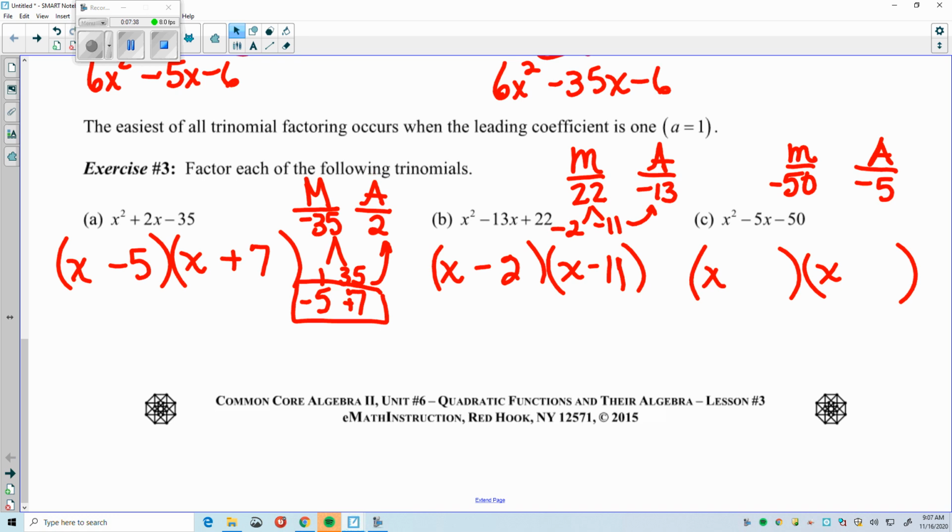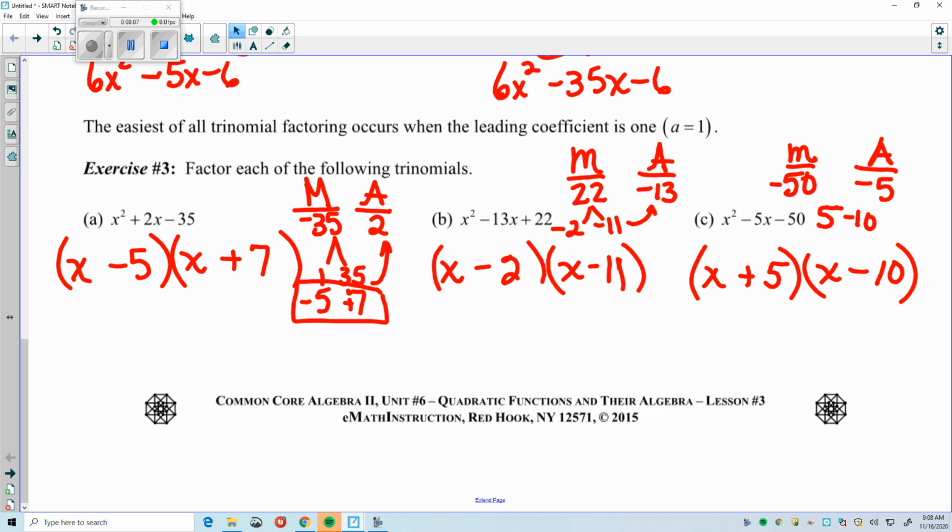Now if I need something that's going to multiply to be negative 50, all right, well, I could think of that as 5 and 10. The sign of the middle term is negative, so my larger factor is negative. A negative 10 times a positive 5 gets you a negative 50. If I add these two numbers, they give me a negative 5. So those are going to be my two factors. I have a positive 5 and I have a negative 10.